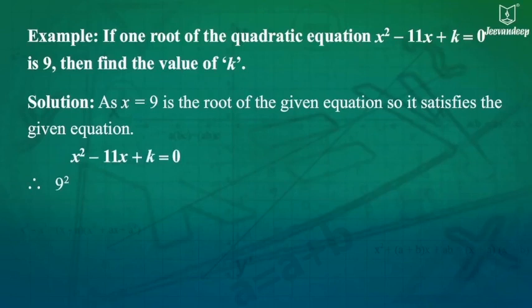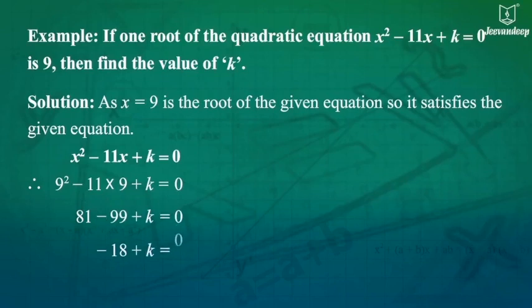Therefore, 9 square minus 11 multiplied by 9 plus k equals 0. That gives 81 minus 99 plus k equals 0, or minus 18 plus k equals 0. Therefore, the value of k for the given equation is 18.